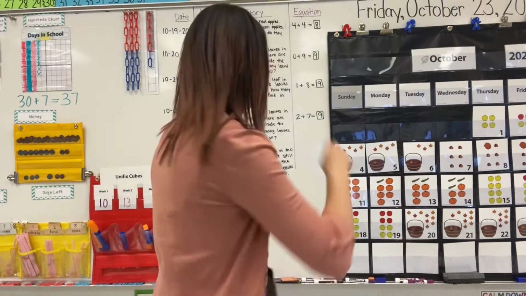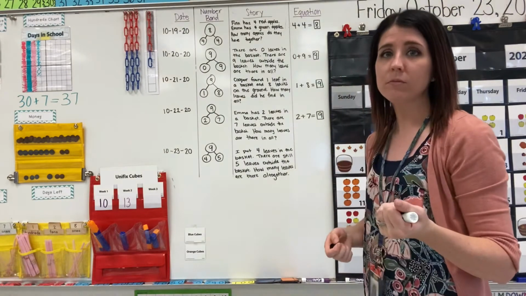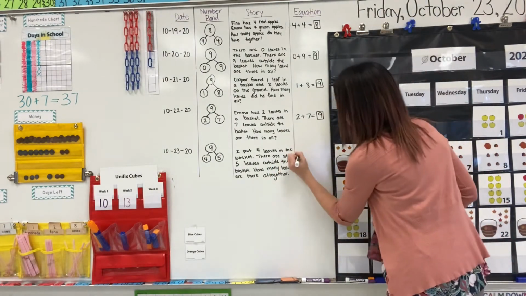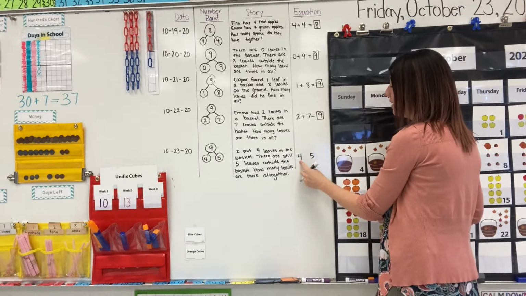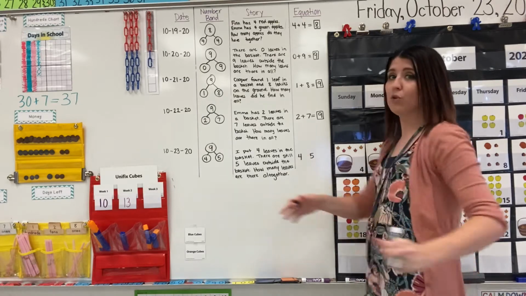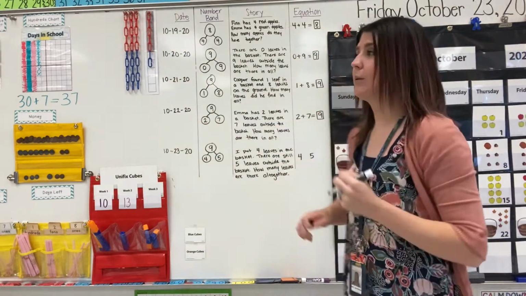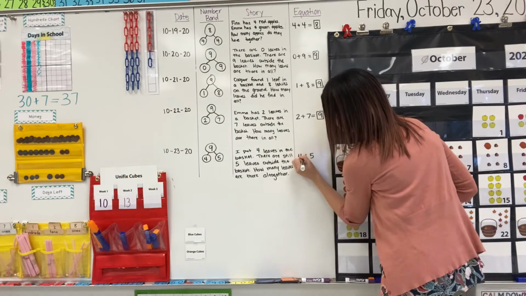Very good. So what 2 numbers are we wanting to put together in this story? 4 and 5. The leaves that are in the basket and the leaves that are outside the basket. Now who do we need to put right here that can reach to both numbers to bring them together? Plus sign. Very good. So I'm going to put Miss Plus sign there.